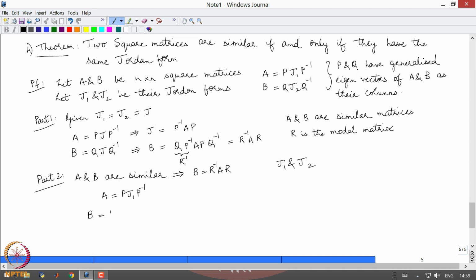I already have that B is equal to R inverse A R, and I will substitute A in this, which implies B is equal to R inverse P J1 P inverse R, which is equal to Q J2 Q inverse, because that is coming from the Jordan form of B. Now if I compare these two, since J1 and J2 are Jordan forms, obviously R inverse P should be equal to Q, which implies that J1 is also equal to J2, and I can again call it J. So then they have the same Jordan form.